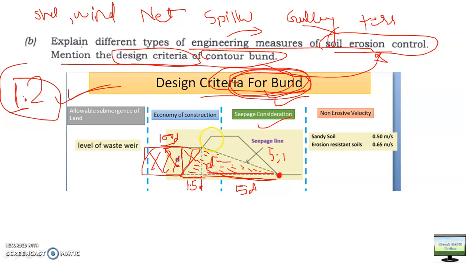So for total height, you add the freeboard. If you subtract these two sides from the total, 1.5 times total height, then it will come to the top width. So this is how you calculate bottom width, top width, total depth. Okay, so I will solve one numerical question. From there you will come to know how you need to calculate. So this is the design criteria.